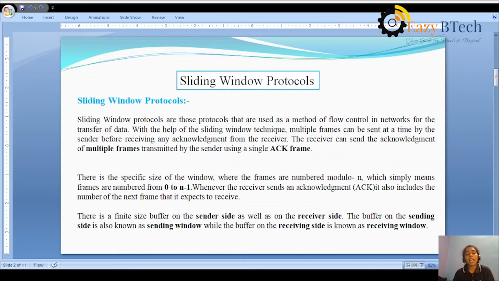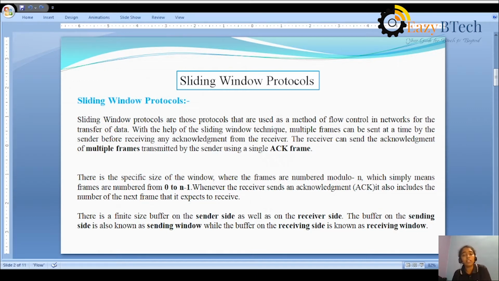Sliding window means a window of one specific size, where the frames are numbered 0 to n minus 1.